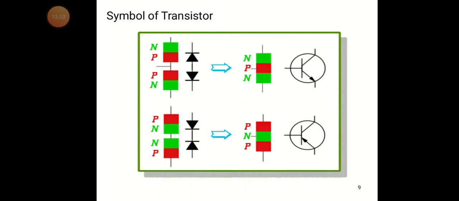These are the symbols of the transistor. Generally, bipolar junction transistors are two types. One is the NPN transistor, another one is the PNP transistor.